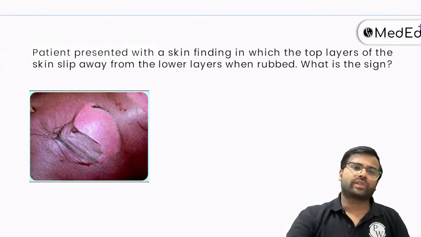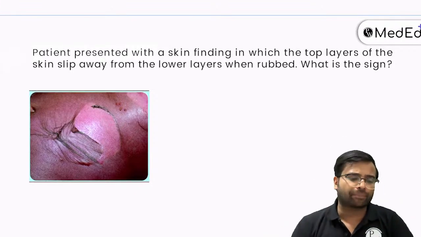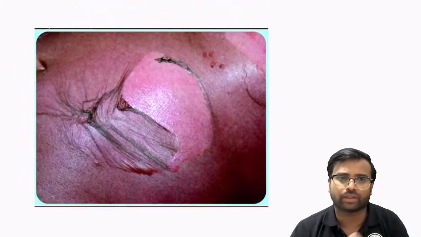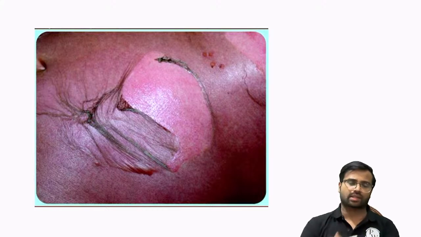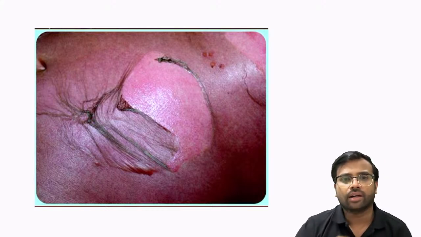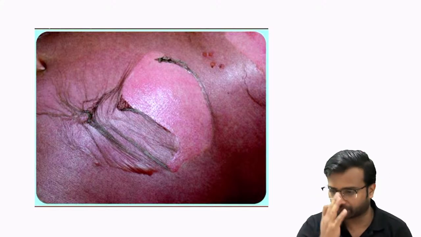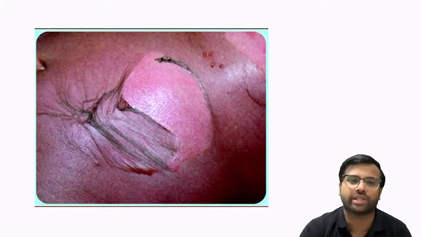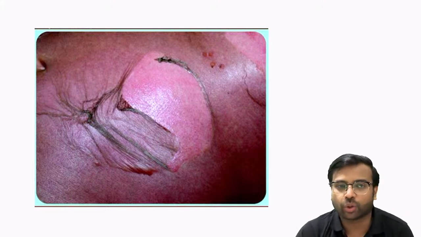Now all of you just see this patient. Don't read anything about whatever I have mentioned about the skin sign. Just see this patient and tell me what could be the diagnosis. I'm not giving you any clue. Just seeing this skin of a patient, what could be the diagnosis?